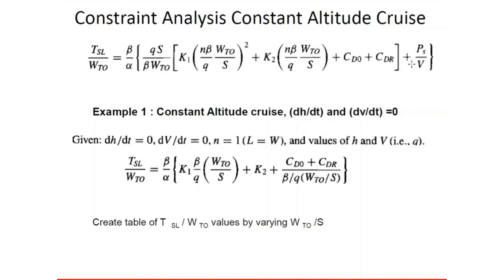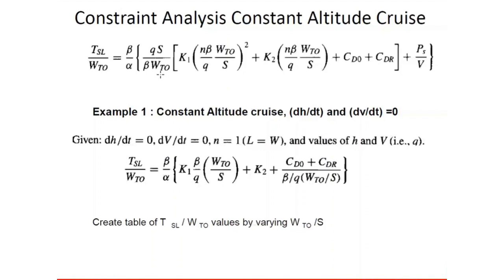So if I choose a WTO by S, then given the altitude, I have the Q, and S is anyway wing area fixed, takeoff weight is fixed, so you can compute whatever is needed for TSL.